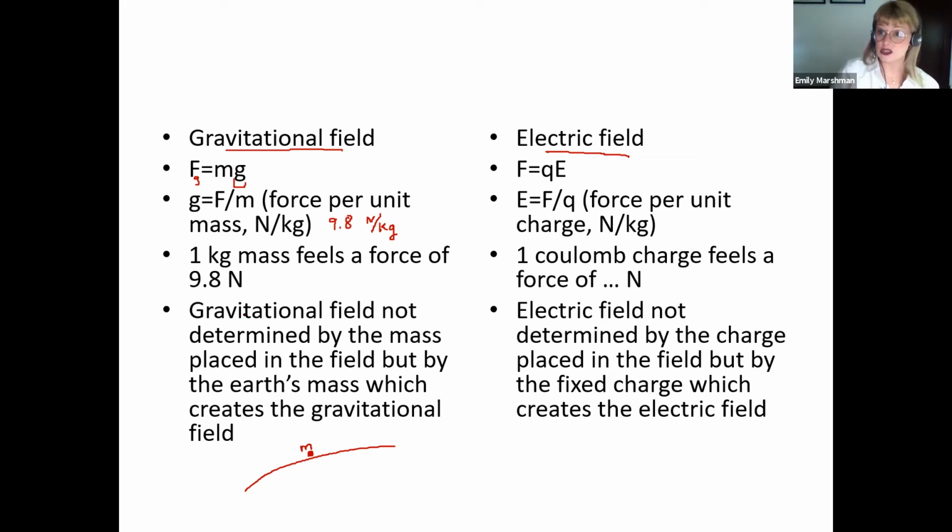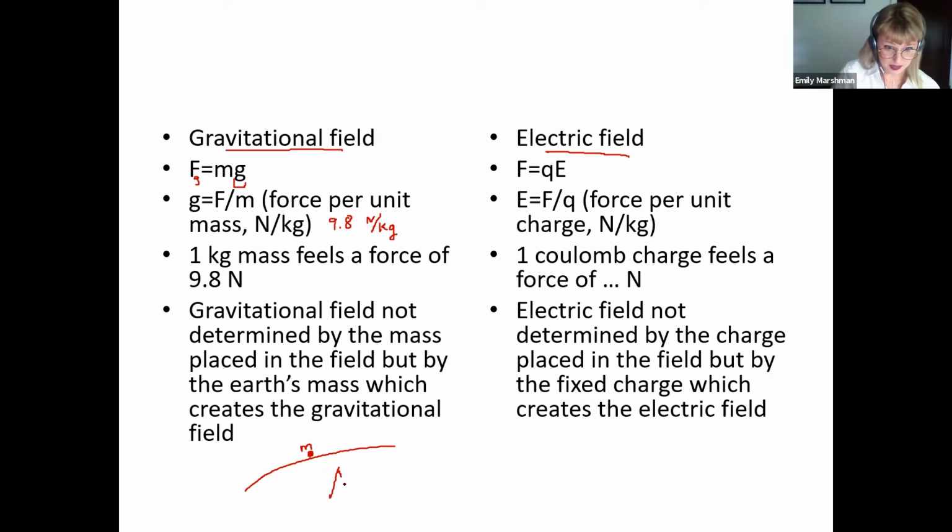It's a gravitational field around the Earth. If I'm near the surface of the Earth, it tells me that every kilogram is going to feel 9.8 newtons of force. That's the gravitational force. The gravitational field is not determined by this little mass that I place in the field. It's determined by the Earth's mass, capital M, which creates the gravitational field.